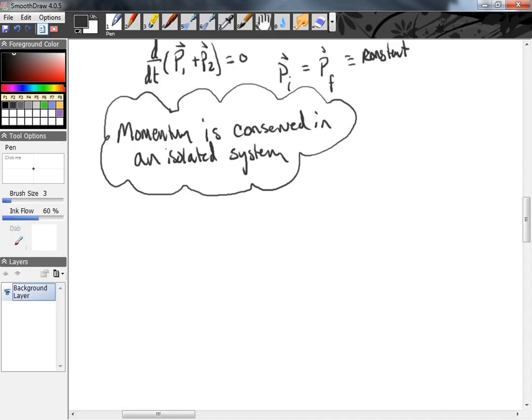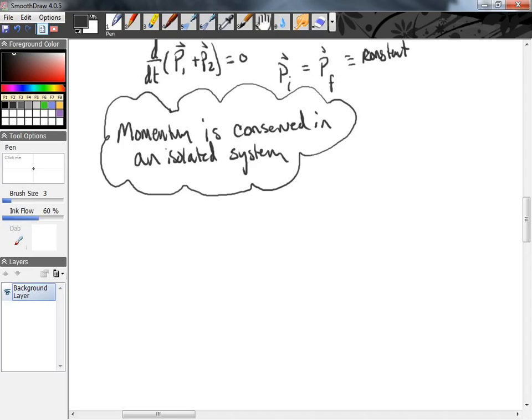And if you consider that the entire universe is isolated, all the momentum that has ever existed from the Big Bang until now has been conserved. Everything that is moving right now has an equal and opposite motion and has changed the momentum of something else since the beginning of time.